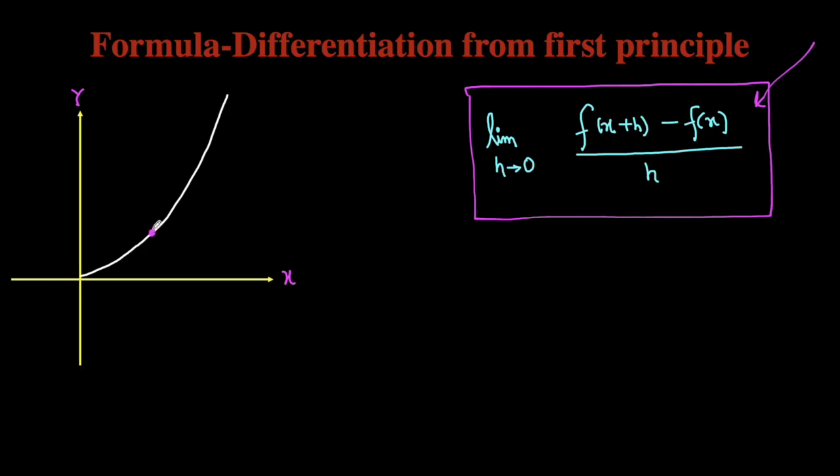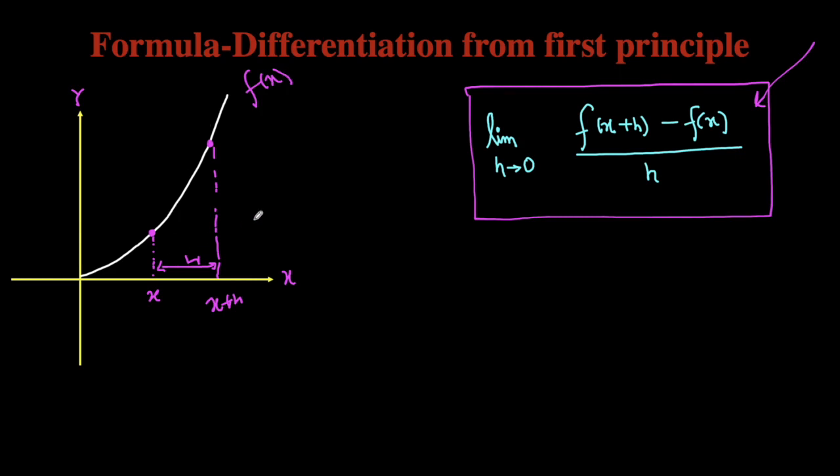Let's say this is the x value, and take a distance h right here, then this will be your x plus h. This graph is for any function f of x.